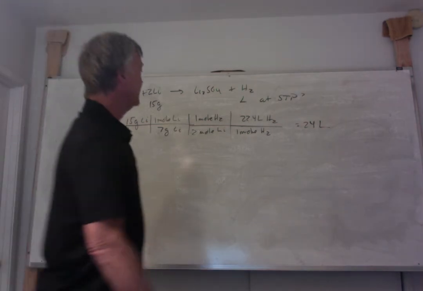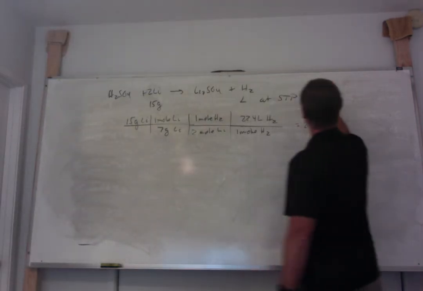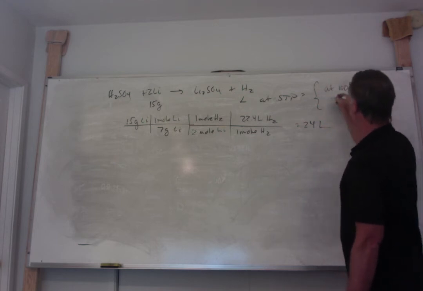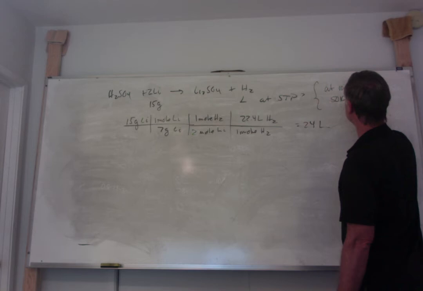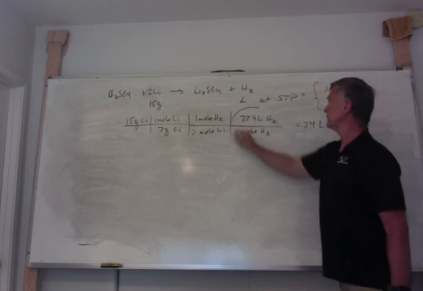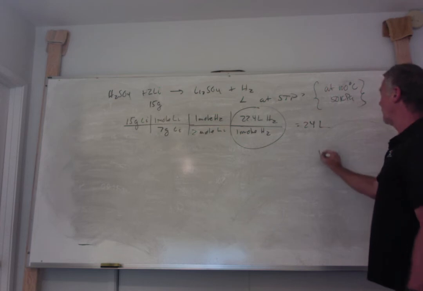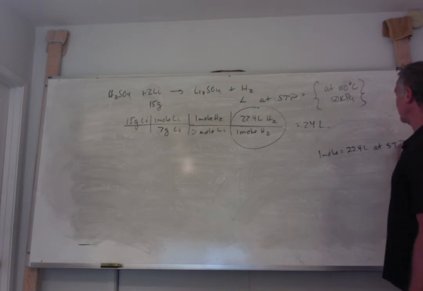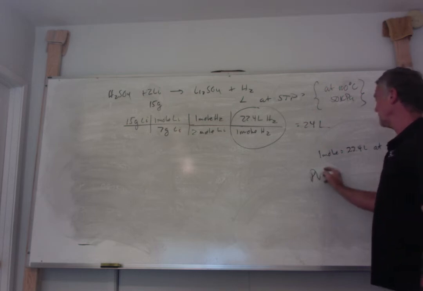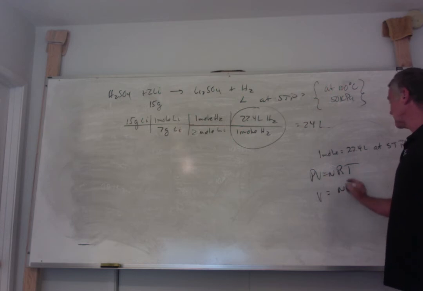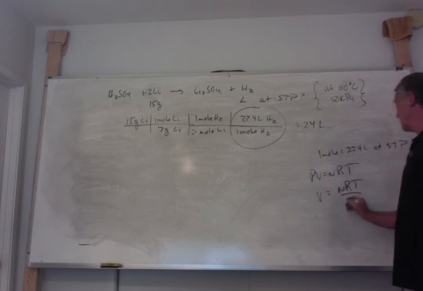But now, let's say we change this problem. We're not at STP. Let's say this is at 100 degrees Celsius and 50 kilopascals. Well, what we do on that problem is we simply change this. 1 mole is equal to 22.4 liters at STP, but we're not at STP. So what I want to do is take PV = nRT, and I want to know what the volume is if I know everything else, and I happen to know everything else.